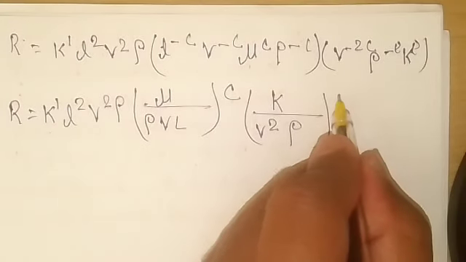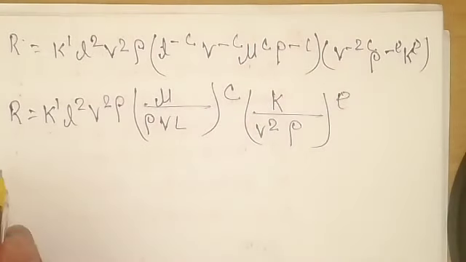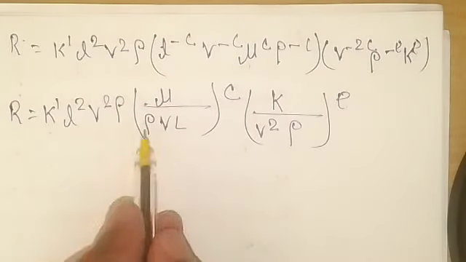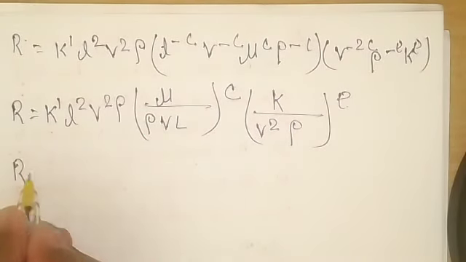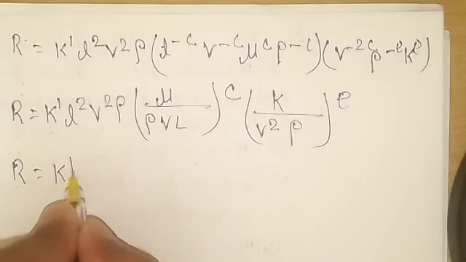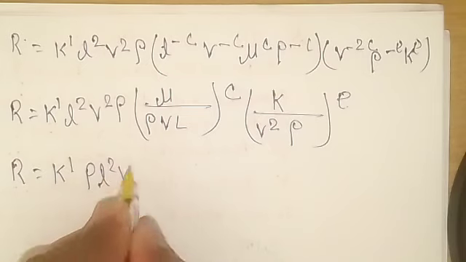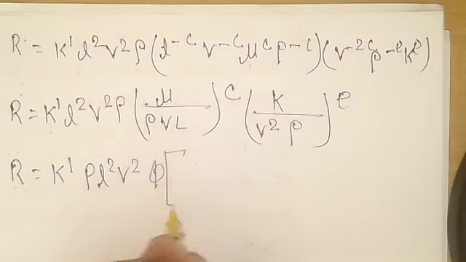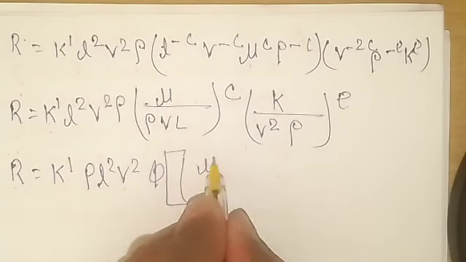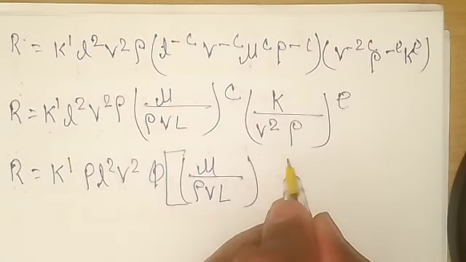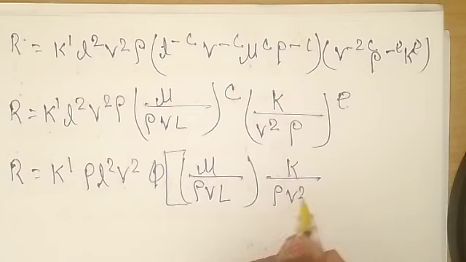And this is power e, right? So now to eliminate these arbitrary powers, we can use this phi term, that is R is equal to k prime rho L square V square of phi, this is what you have, mu by rho V L, right, into k by rho V square.